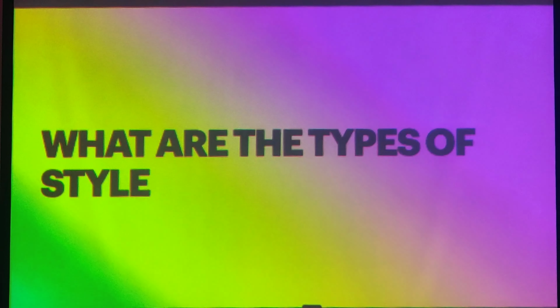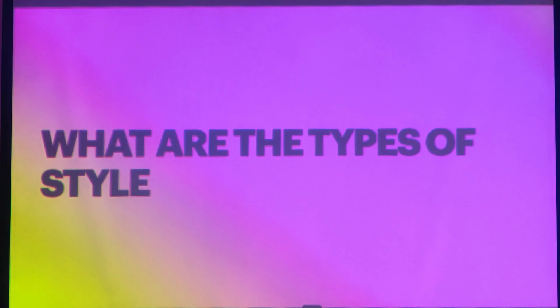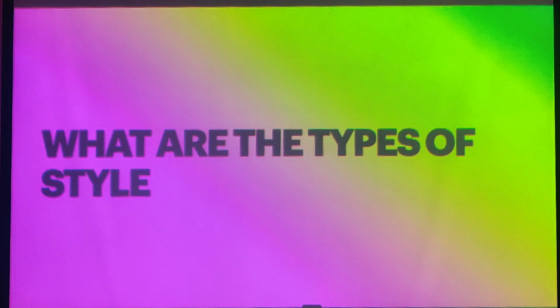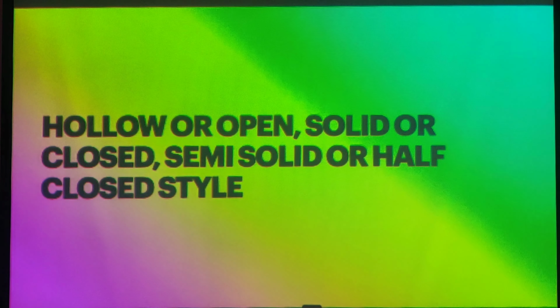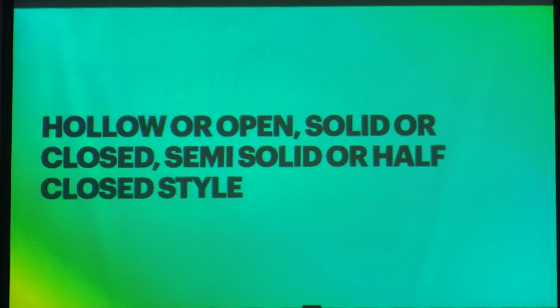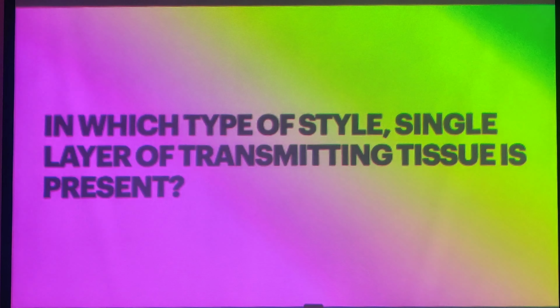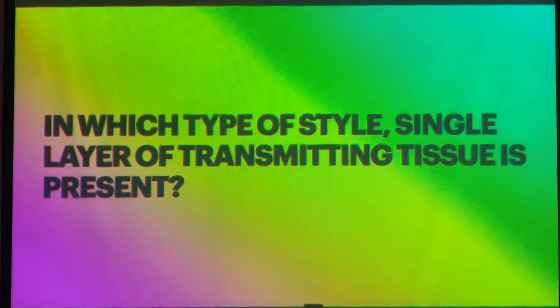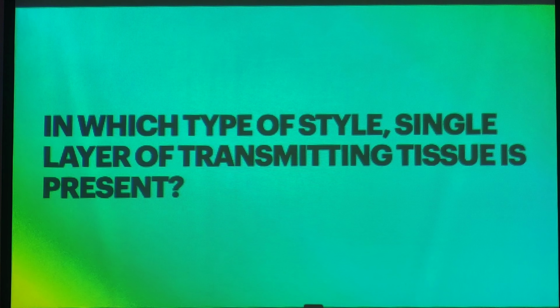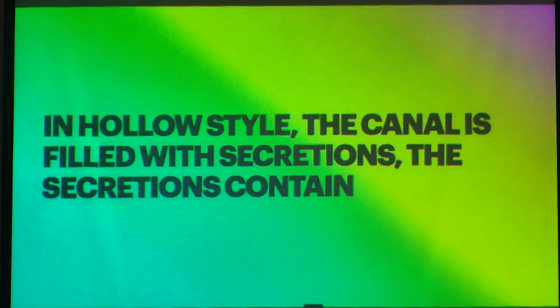What are the types of style? Hollow or open style, solid or closed style, semi-solid or half-closed style. In which type of style is a single layer of transmitting tissue present? Hollow style.